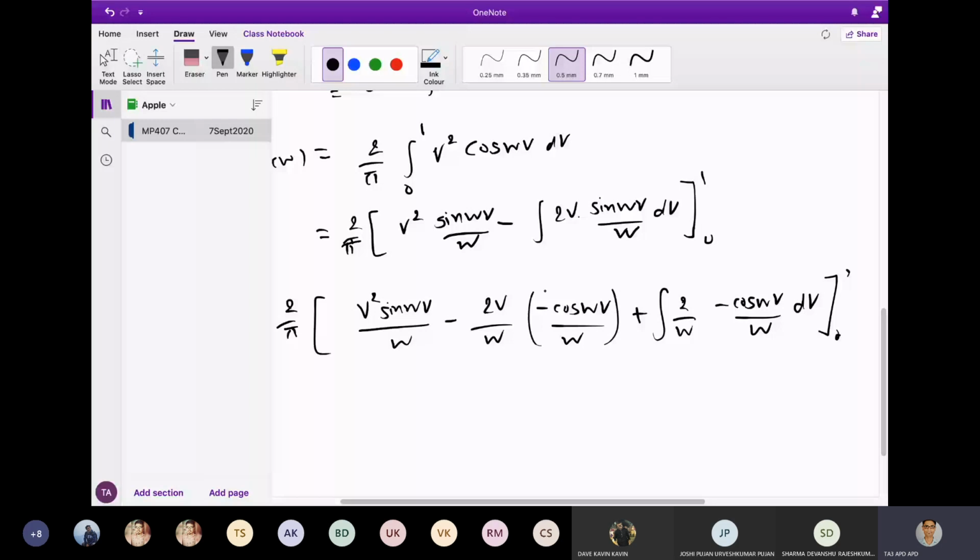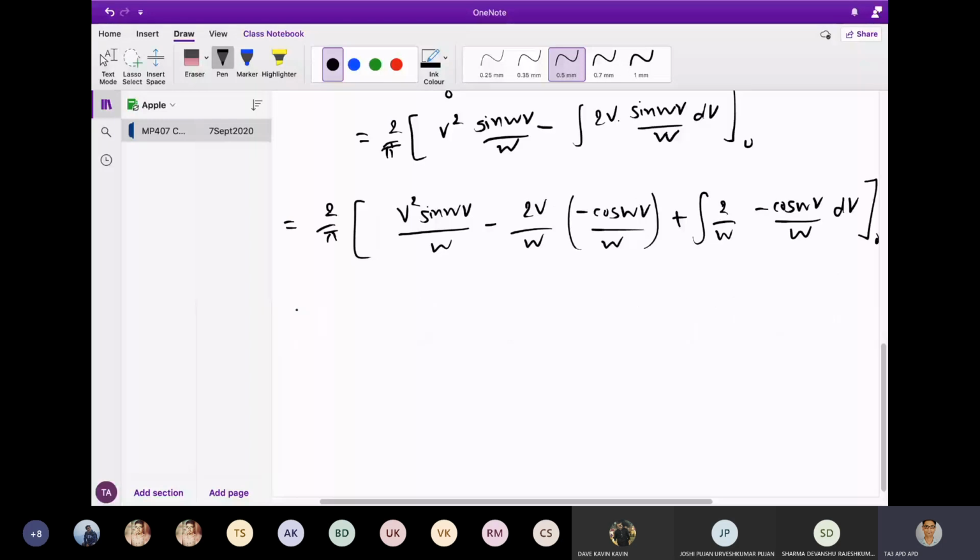So this is going to be equal to 2 over pi, and this remains as it is, v square sine wv over w, minus, this is going to be plus 2v cos wv upon w square. This is going to be minus 2 over w square and sine wv upon w, 0 to 1.